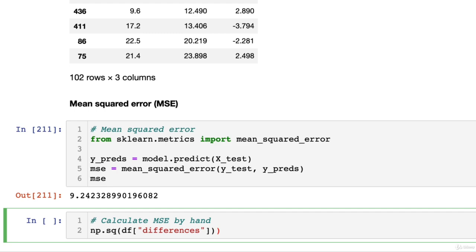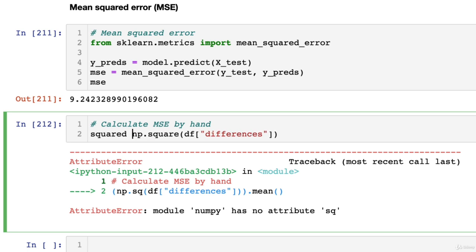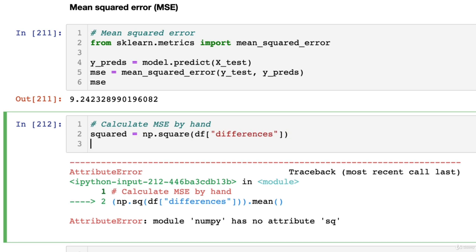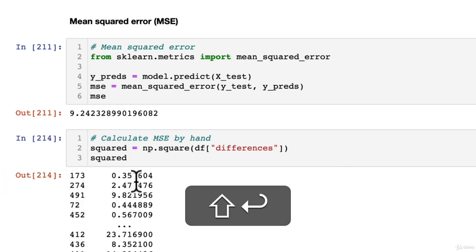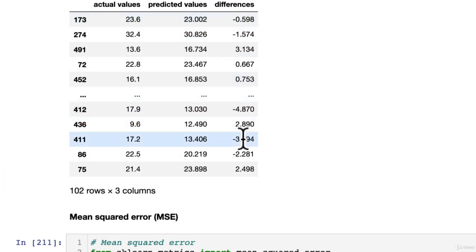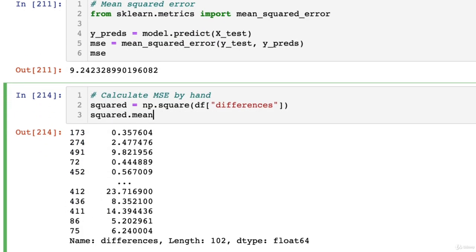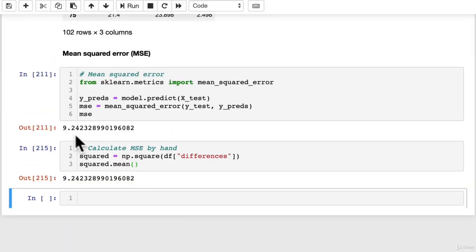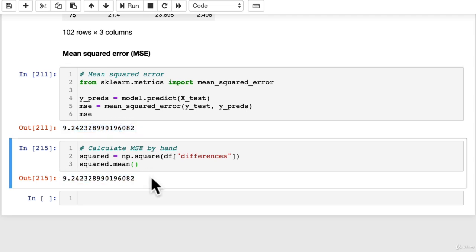So actually, let's put that in brackets. Can we do that dot mean? Right. Squared equals that. What does squared look like? Okay, so this is going to take this column here as squared. Now, to calculate the MSE, we just need to take the mean of squared. Beautiful. There we go. See? That's how we calculate the mean squared error.